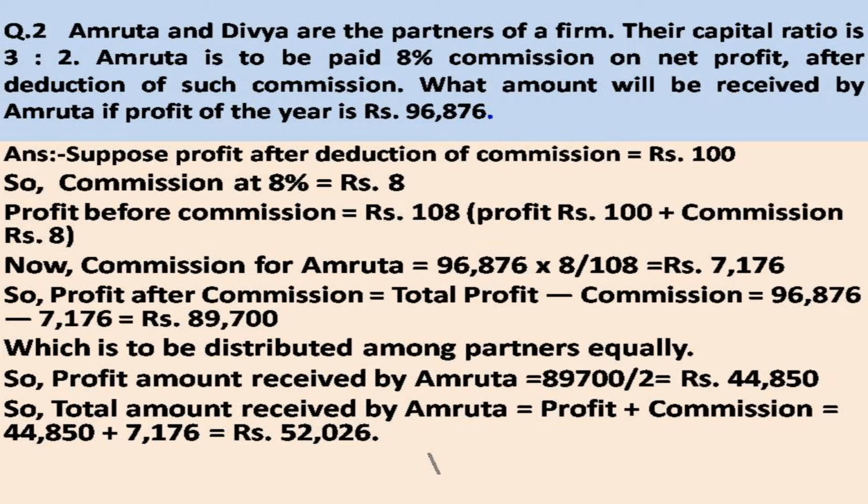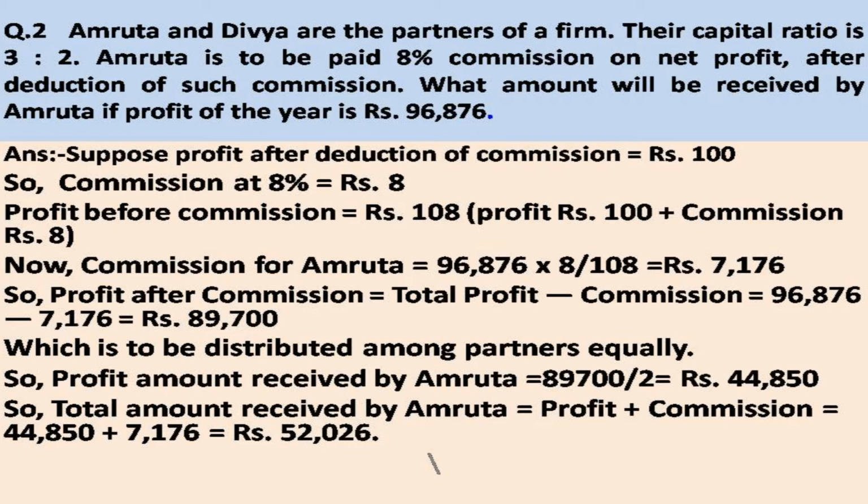Now commission for Amruta is equal to total profit, which is given as 96,876, into 8 upon 108, because 8 is the percentage of commission and 108 is the profit before commission. So it is equal to 7,176.